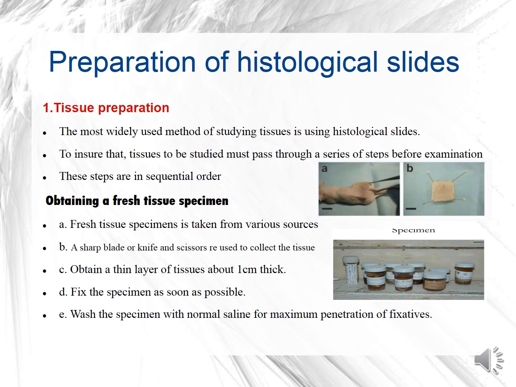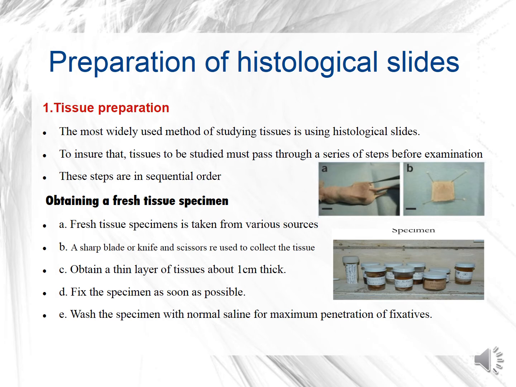We can study each and every section of tissue through these histological slides. The tissue to be studied must pass through a series of steps before examination, and these steps are in a sequential order.